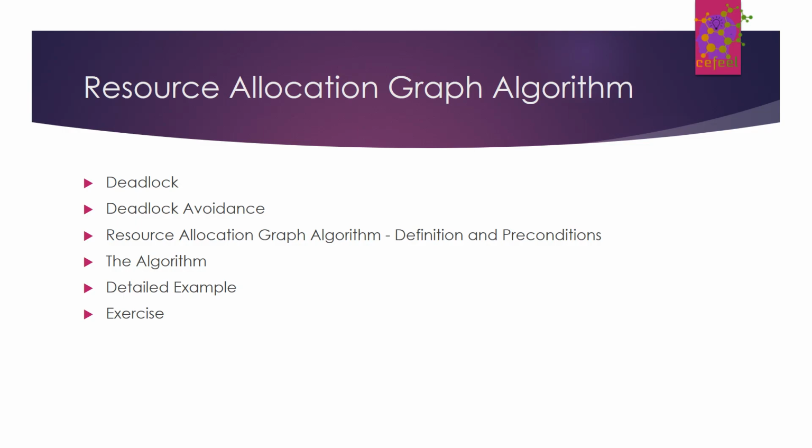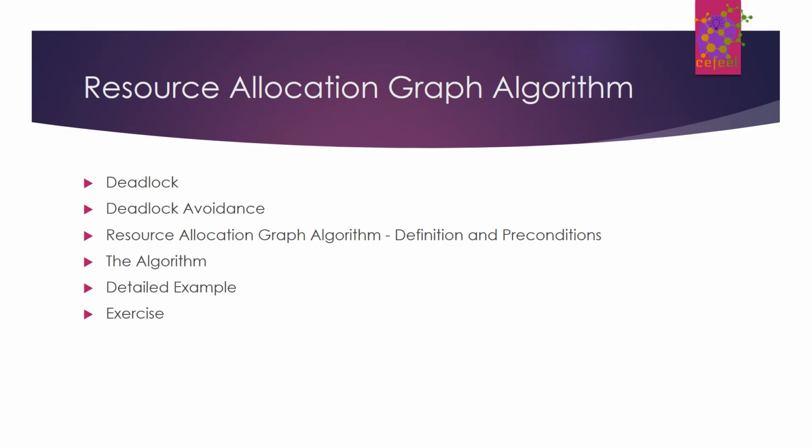We will then move on to a detailed example, in fact in much greater detail, step by step, the execution of the algorithm and how to use it to detect whether the system is in a safe state or an unsafe state. Finally, before we end, we will have an exercise for you guys, on which you can apply the algorithm.